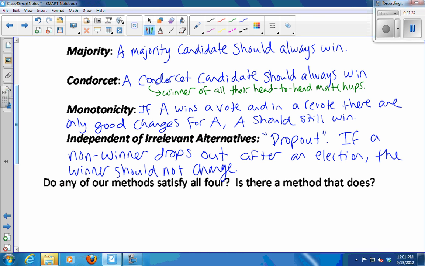But we saw examples where that was violated as well. That was the NFL football draft. We wanted one player, a different player dropped out, we re-voted, and it turns out we want someone else now.